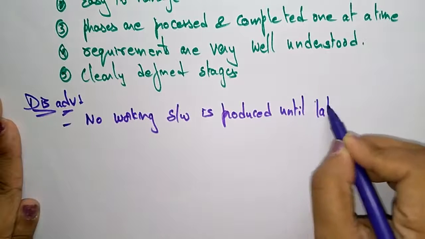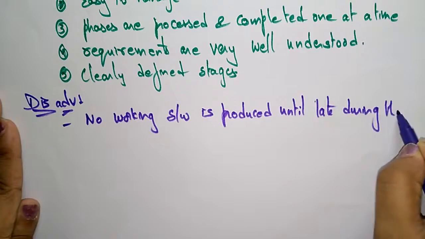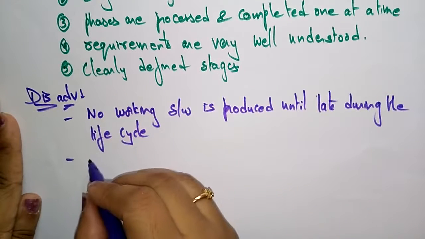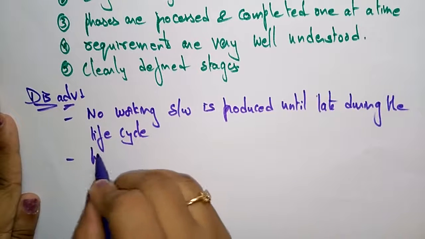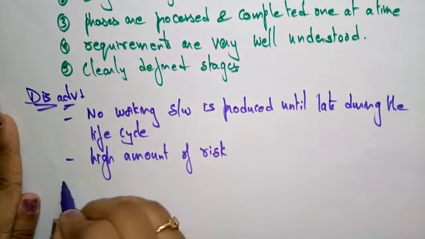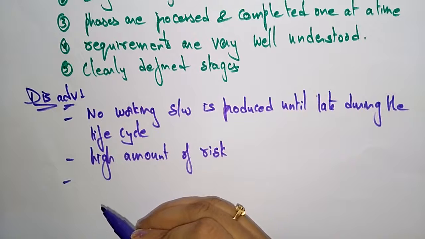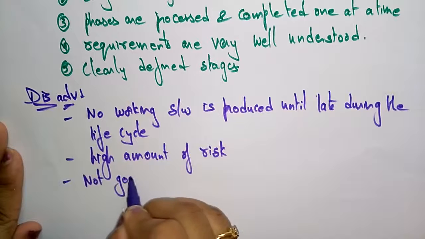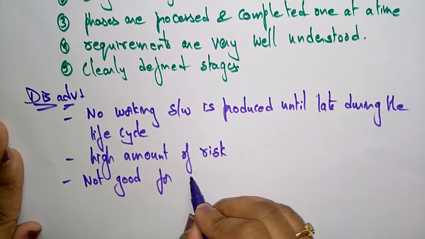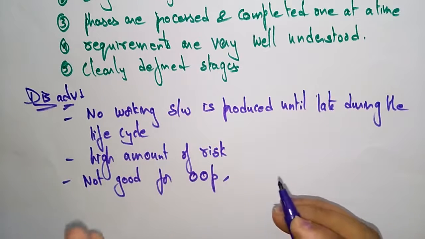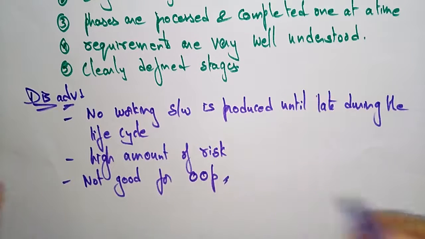If you follow the waterfall model, this is a problem you come across. Also, a high amount of risk and uncertainty will be there in the waterfall model, and it is not a good model for complex and object oriented programs.